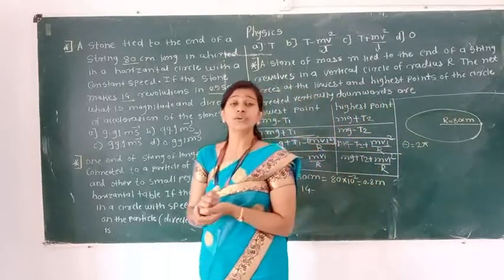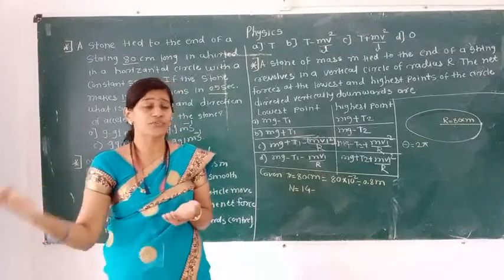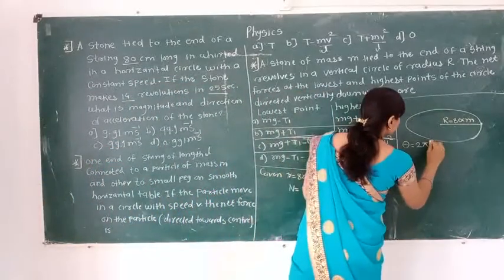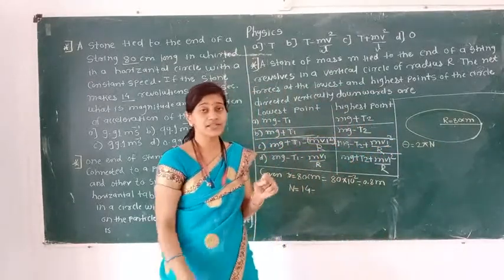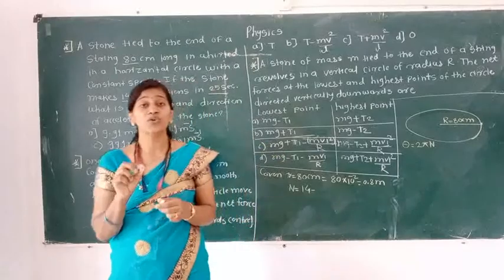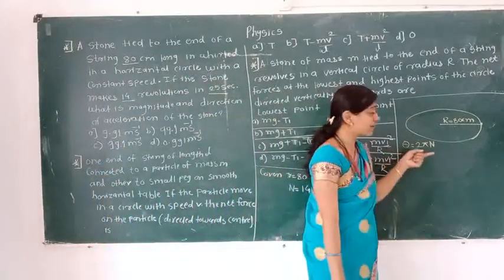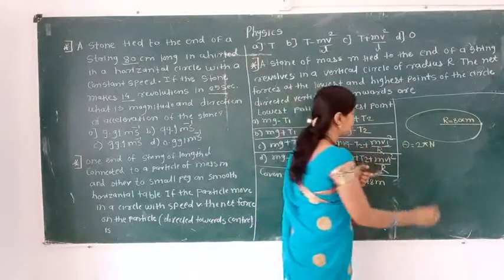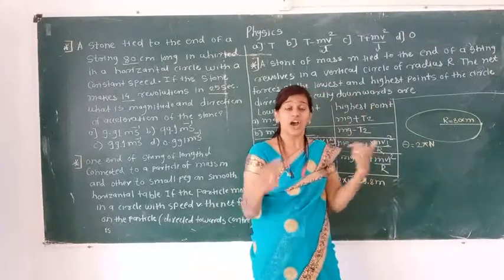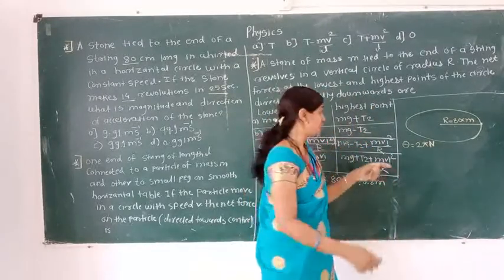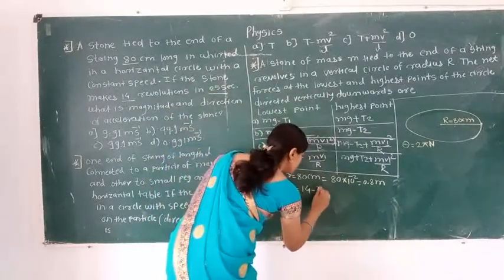Suppose the particle completes more than one revolution, 2, 3, 4, 5; then the formula becomes theta is equal to 2 pi into capital N. Small n, otherwise small f, we use for frequency, the number of revolutions completed by the particle per second. Here capital N is the number of revolutions, how many revolutions it is going to complete.